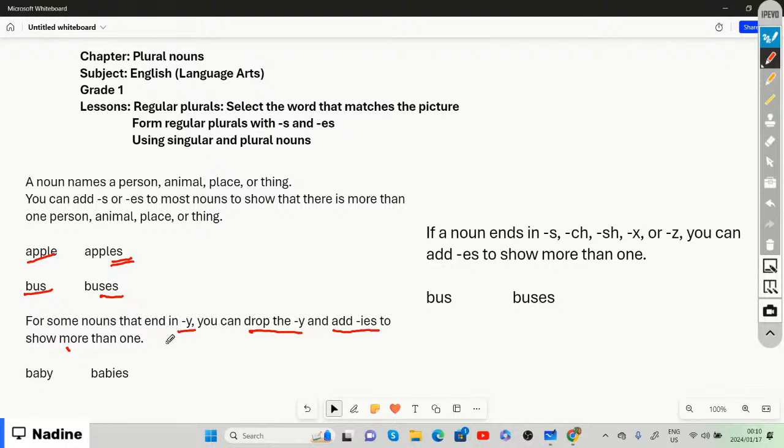So if our word ends with a Y, for example, like baby, then we are going to drop the Y and add IES. And it will change the word from one person, animal, place, or thing, to more than one by just adding IES.